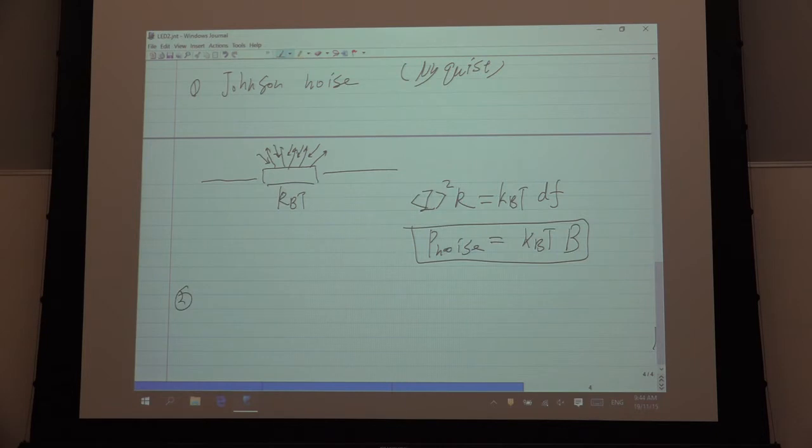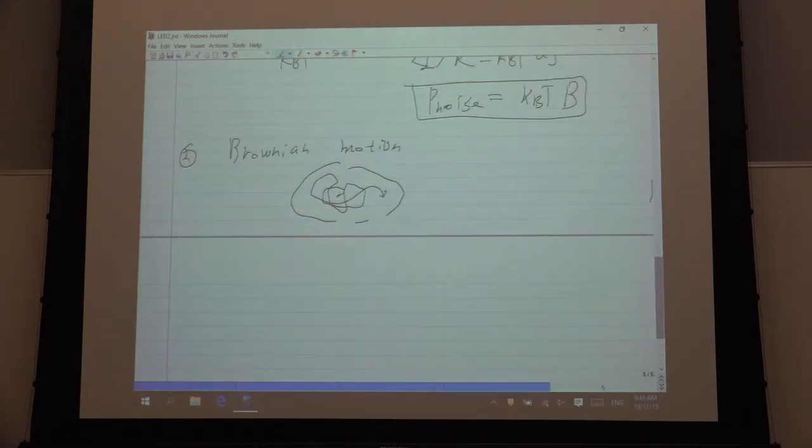Another is called Brownian motion. I think this is by Einstein. It started as Brownian motion. Consider water. They have small molecules. They randomly move very fast. When the molecule moves, they have a friction force, right? They have a drag.